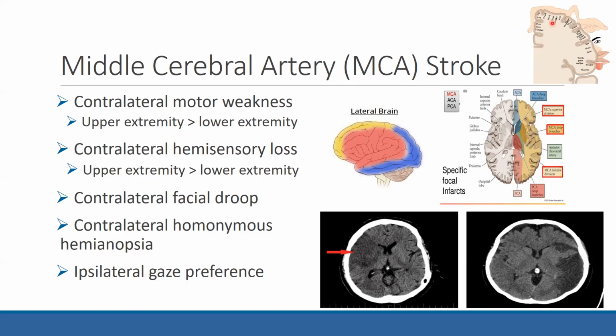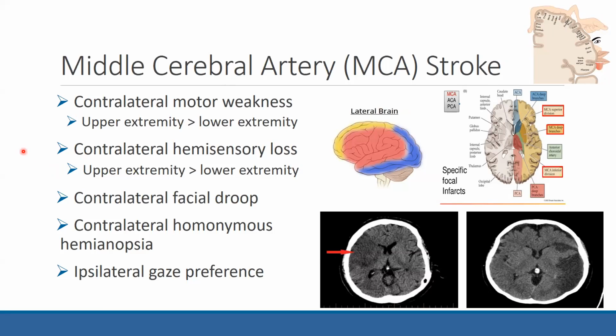And the legs of the homunculus kind of tuck into that medial surface of the brain. And then the body kind of flips over down around the lateral surface. So it makes sense that if we have an MCA stroke, which affects the lateral surface of the brain, we're going to see more motor weakness in the arm than the leg, right? So that's kind of how you can reason your way through, using your knowledge of neuroanatomy, what you would expect to see from the patient in front of you.